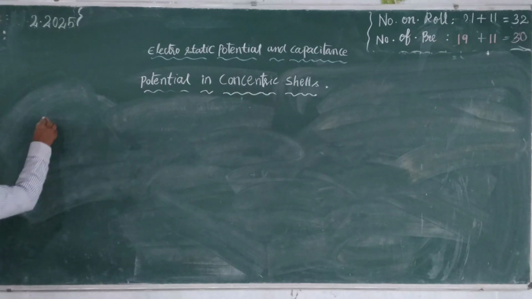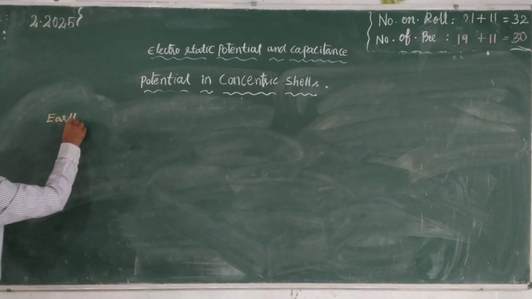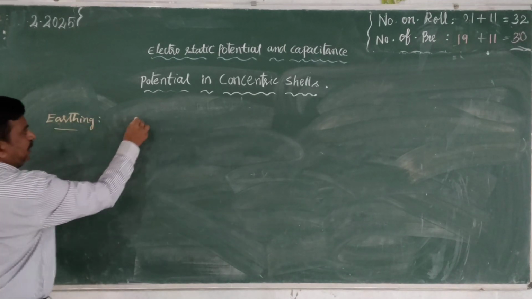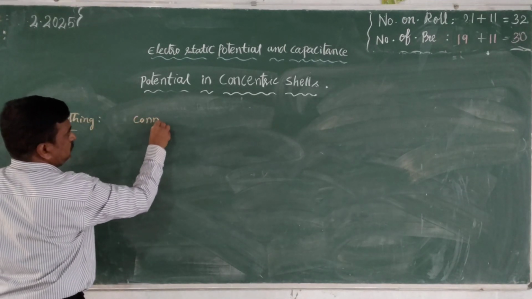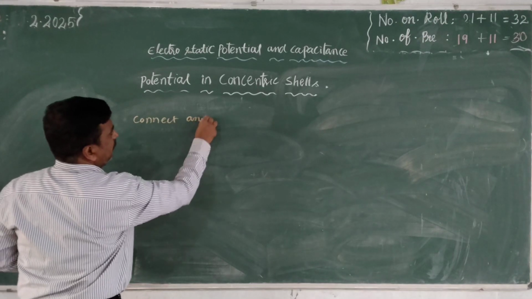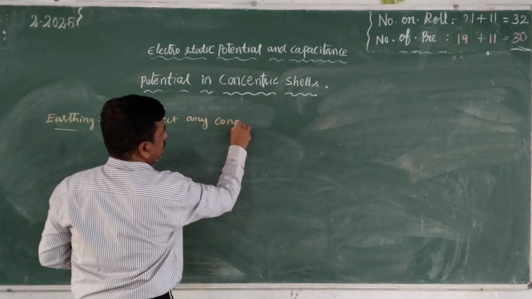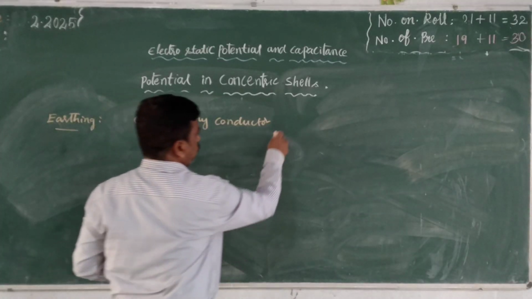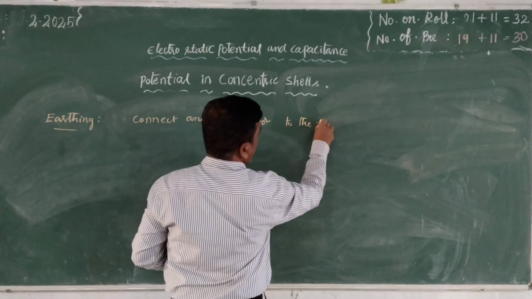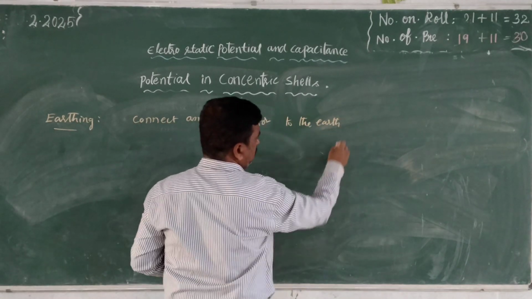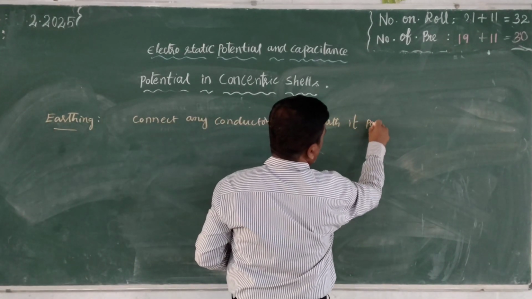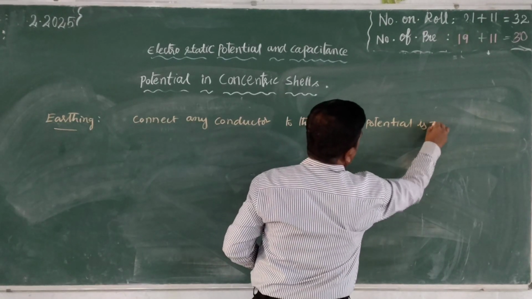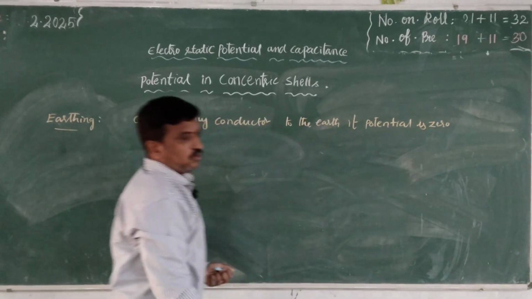Earthing means connecting any conductor to the earth; its potential is zero. That is called earthing.